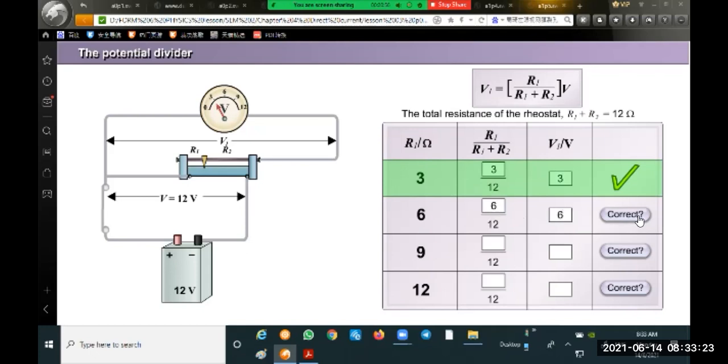We calculate and get 6 volts. If R1 is 9, replace it into the formula: 9 over 12, where 12 comes from R1 plus R2, times the 12 volts, we get 9. Again, if it is 12, 12 over 12 is equal to 1, and 1 times 12 is 12 volts.